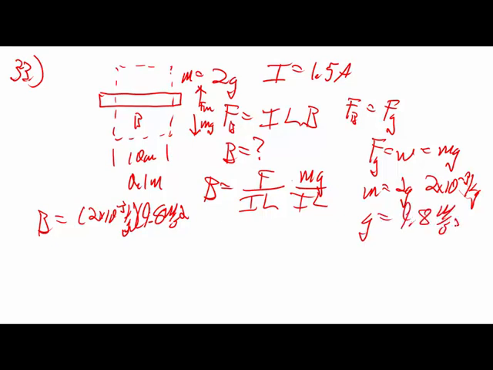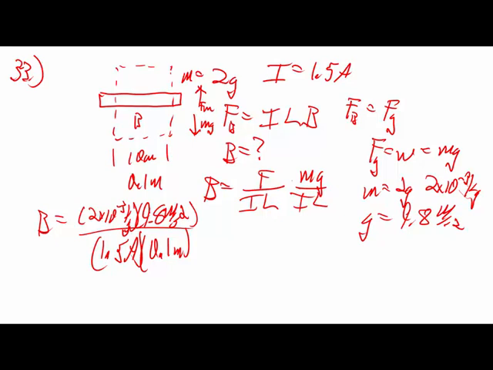Divided by the current, which was 1.5 amps, and the length, which is 10 centimeters, or 0.1 meter. So let's do the calculations: 2 to the negative 3 times 9.8, divided by 1.5 times 0.1.